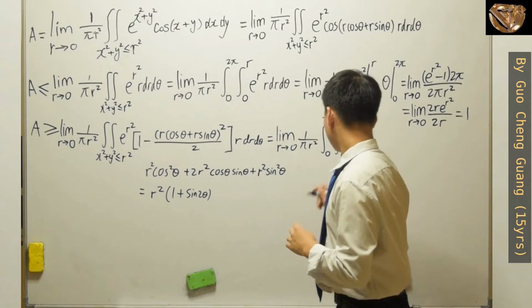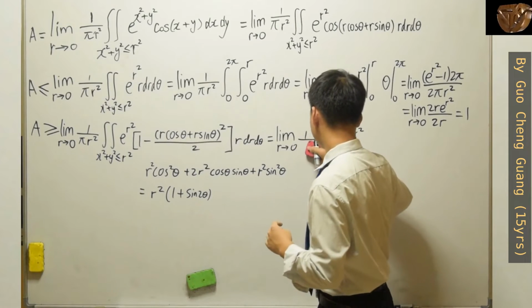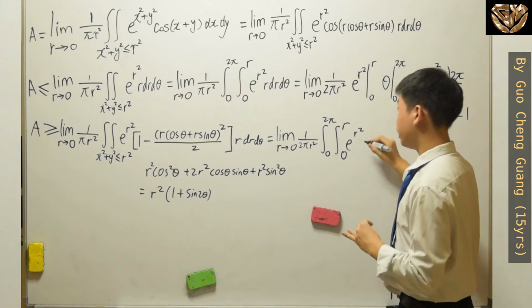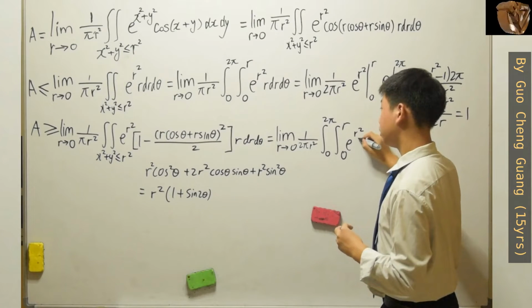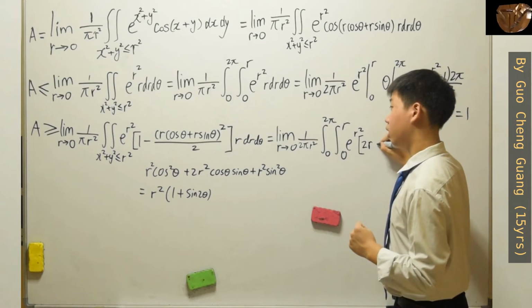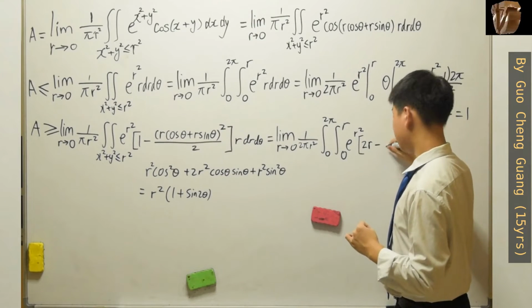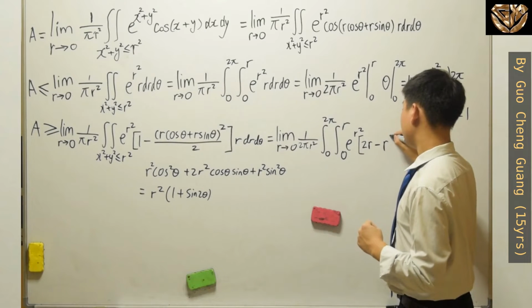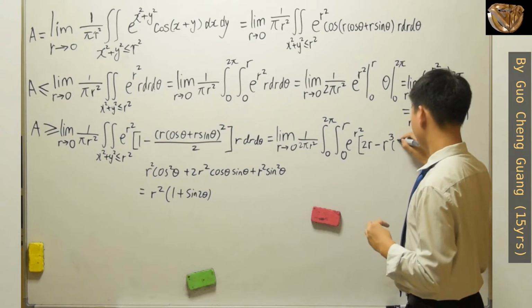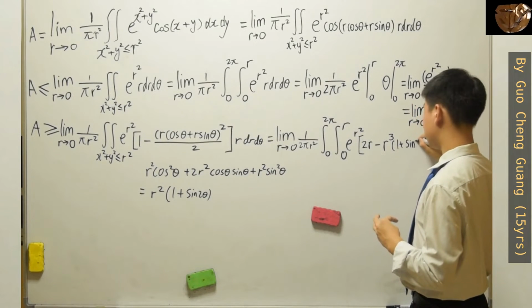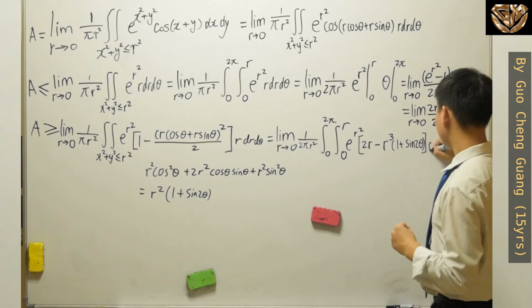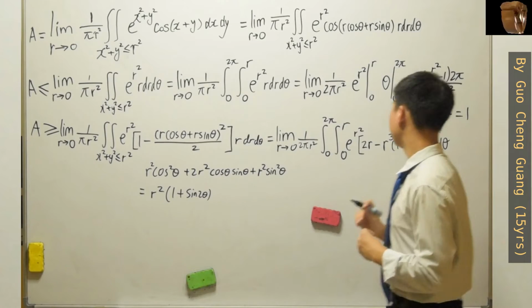So how about we take out the 2 and we will be seeing 2r minus r cubed, 1 plus sine 2 theta, and then dr d theta.